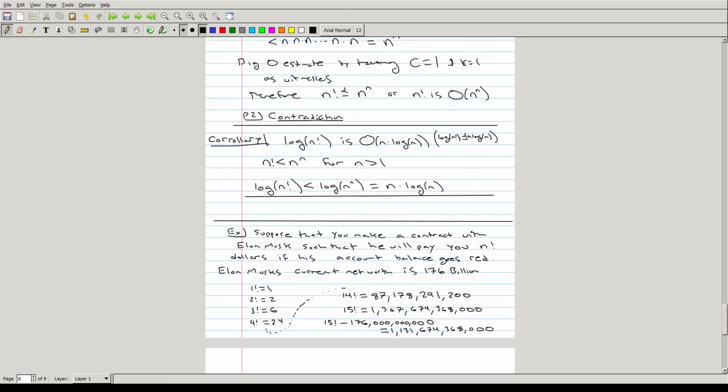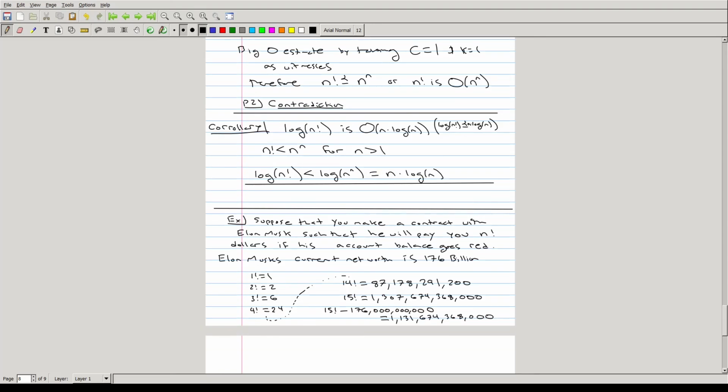In fact, log of n factorial actually has the same order of growth as n times log of n, and you can show that in a relatively straightforward manner using limits. So please be careful when you're going through and doing these problems. The big O notation is strictly for dominated above, and is not the same thing as strictly dominated above, and it is also not the same thing as f has the same order of growth as g.